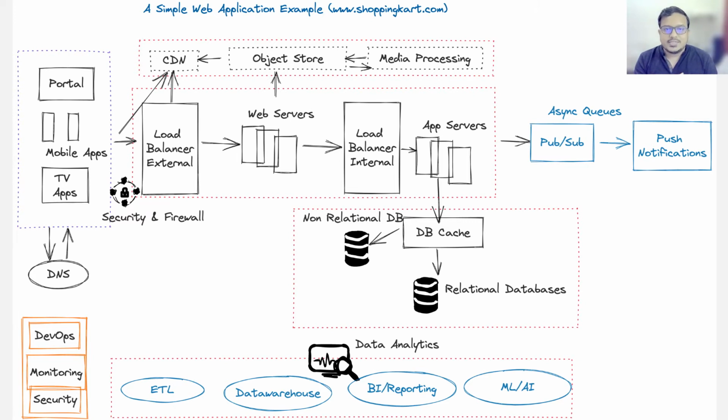We all know ACID properties for databases. So in these cases, we use relational databases like MySQL or Postgres. So we use this because data here is stored in tables, structured, and we have all the ACID properties in place. However, there are certain disadvantages as well for these kind of databases.